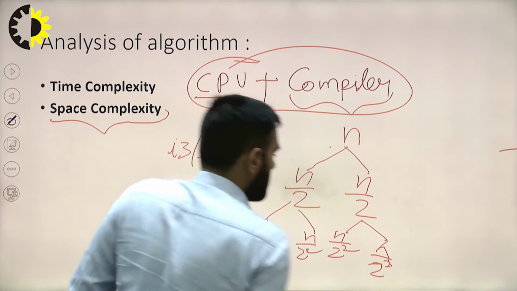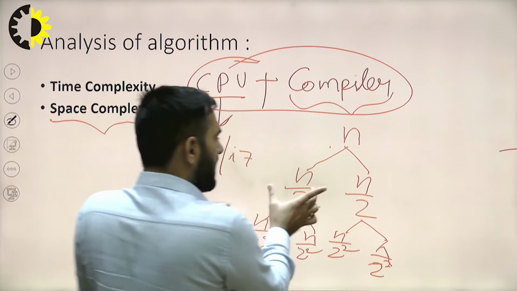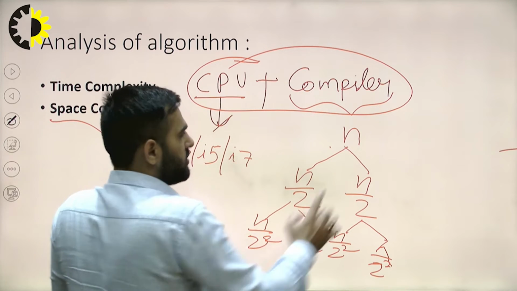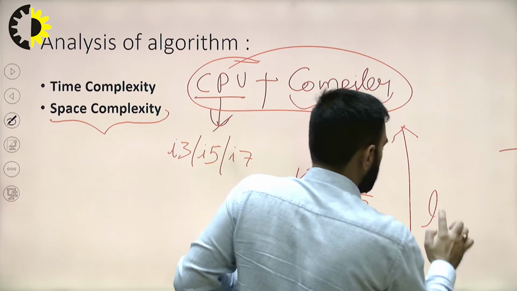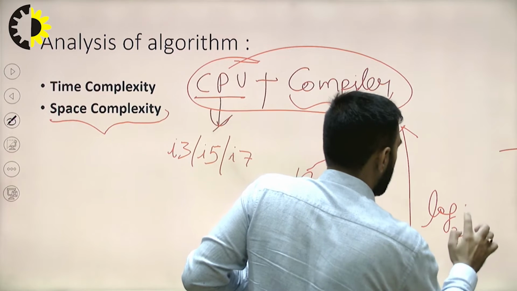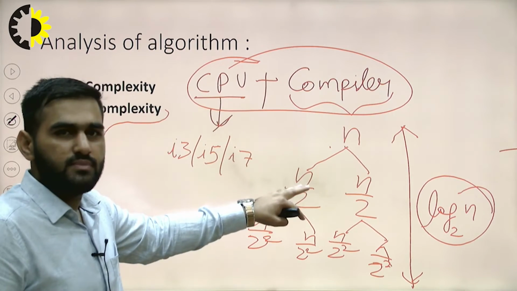If I observe here, we are dividing a particular problem into two parts by half, always by half, right? So here we will go up to log base 2 n levels. So this would be the stack size for this particular problem. Clear?